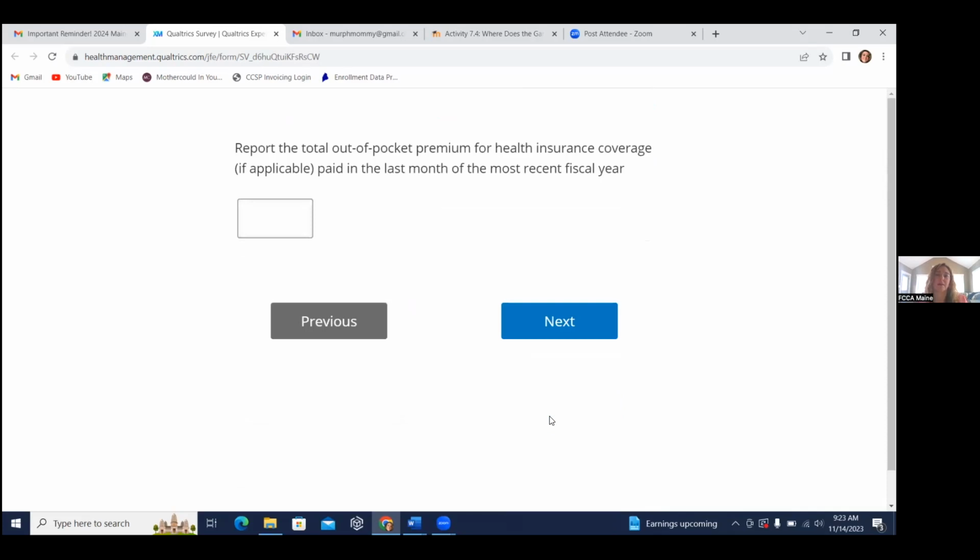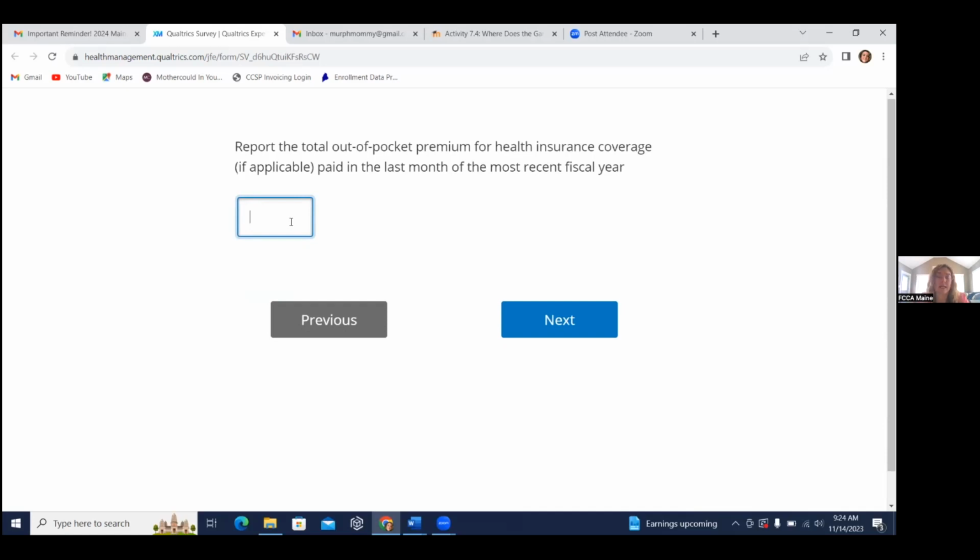Report the total out-of-pocket premium for health insurance if paid in the last month. Is this asking what the employer pays for health insurance or what the employee pays? The last two questions specifically said what your employee benefits are, and for the owner, how they describe their health insurance.